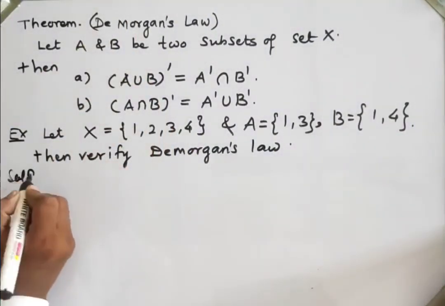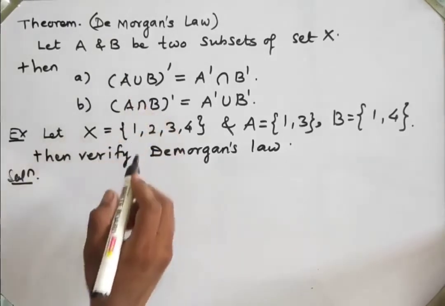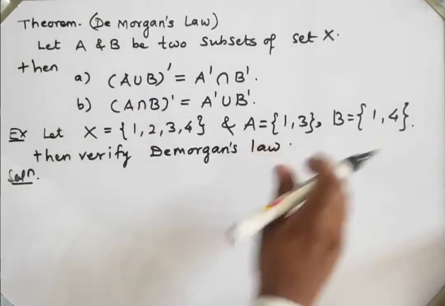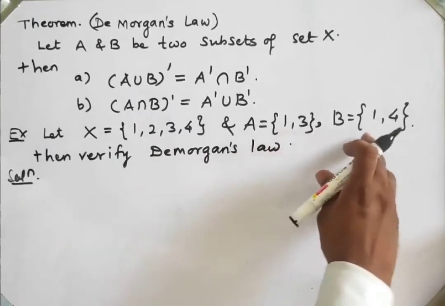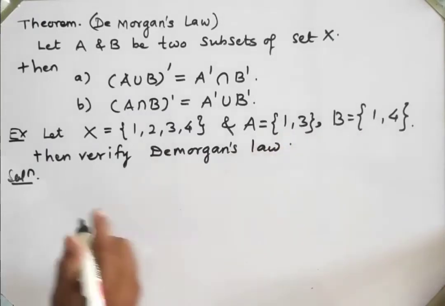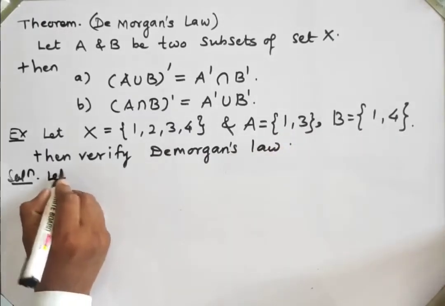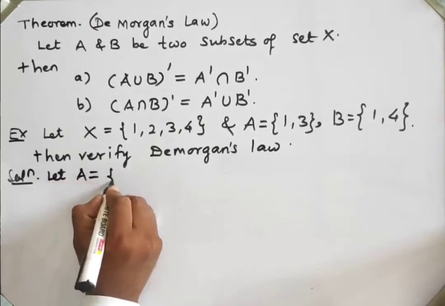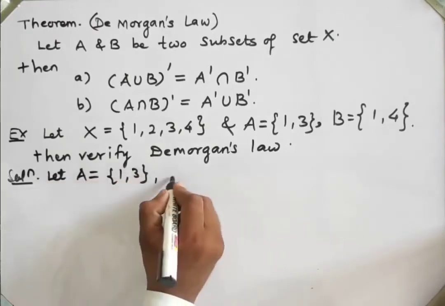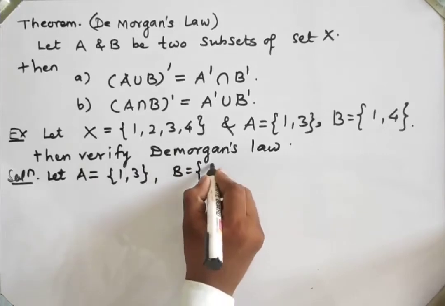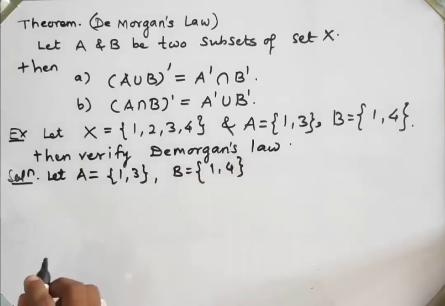Solution. So what is A? A is the set {1, 3} and B has elements {1, 4}.